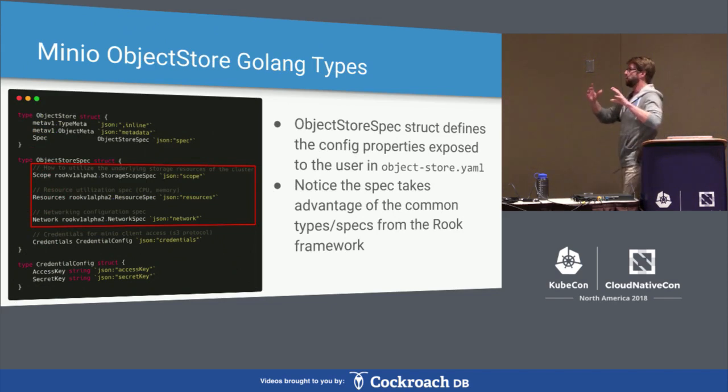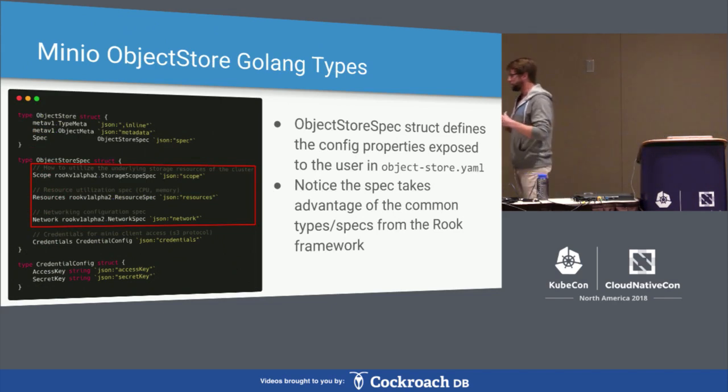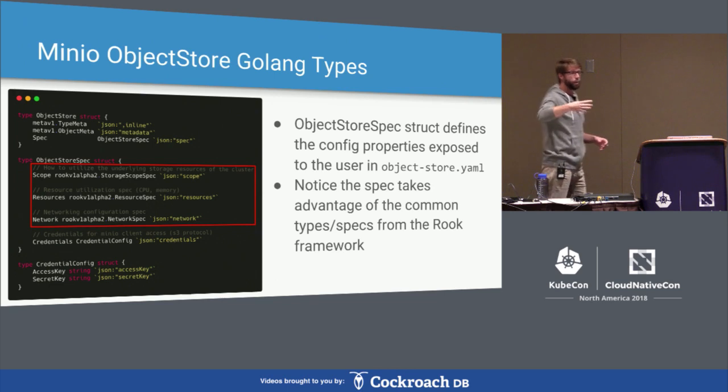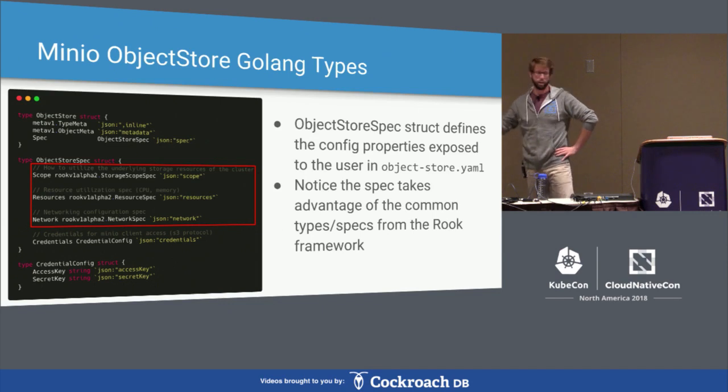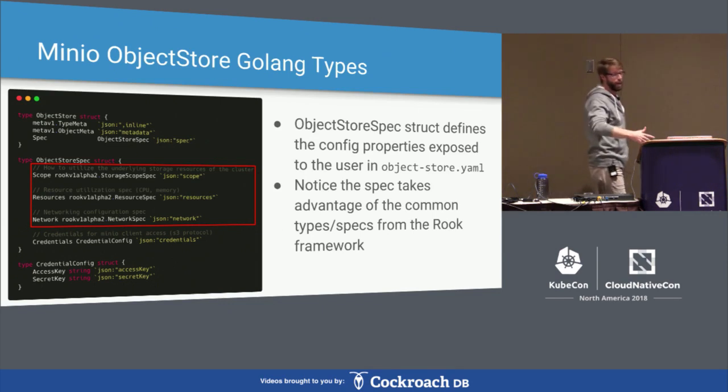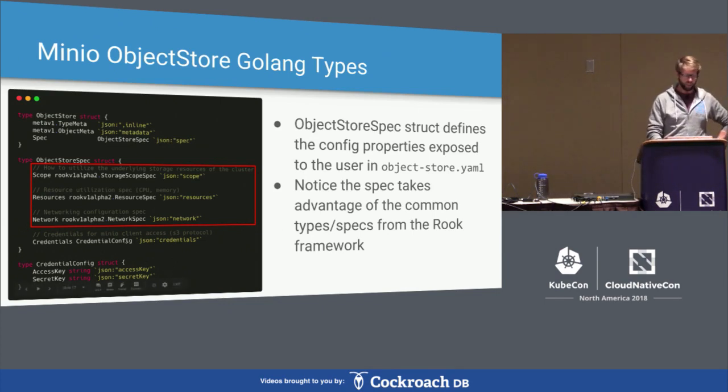Okay, so we saw in YAML that you can declare that you want a Minio object storage with these configuration properties. So that's got to be backed up. And if you're going to do anything programmatic, you have to back it up with some code somewhere, right? So this is what the Golang code looks like that defines what a Minio object storage type or custom resource looks like. And so we see here once again that all these types that are in the square there are coming from the common Rook framework.